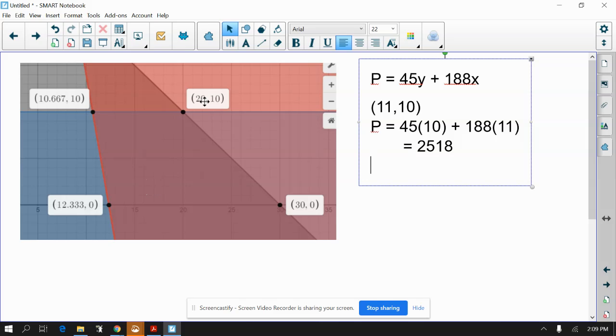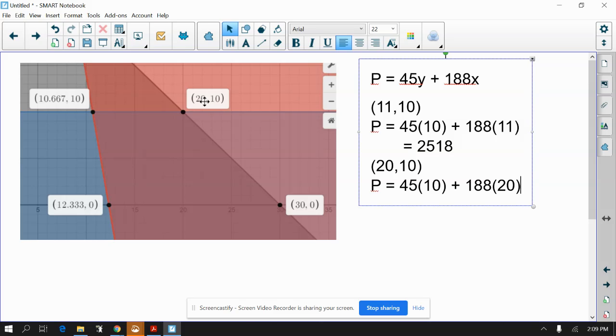Let's try this, (20, 10). So P equals 45 times 10 plus 188 times 20. And I go to my calculator. And I get a whopping 4,210. So far that's in the lead.